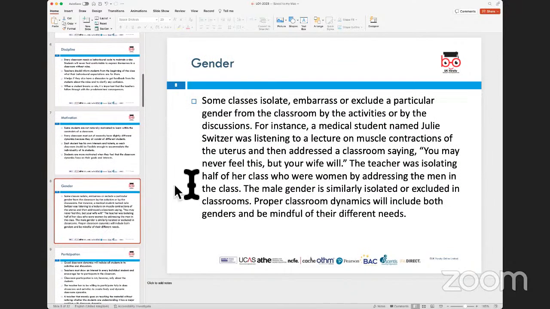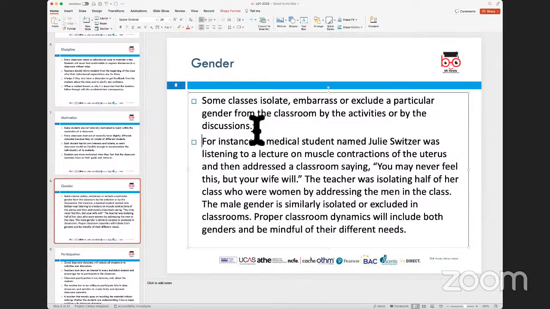Now, sometimes what we also see is that gender could be a tool wherein, for example, people might feel embarrassed, they might feel isolated, and in some cases, some of the activities carried out in the class tend to create that atmosphere.